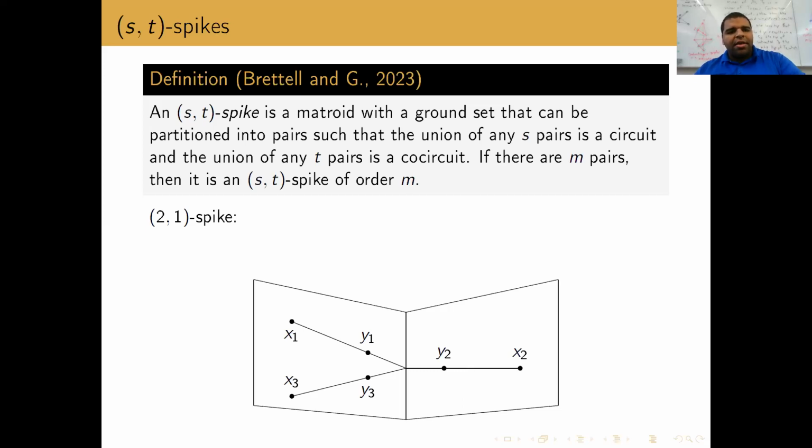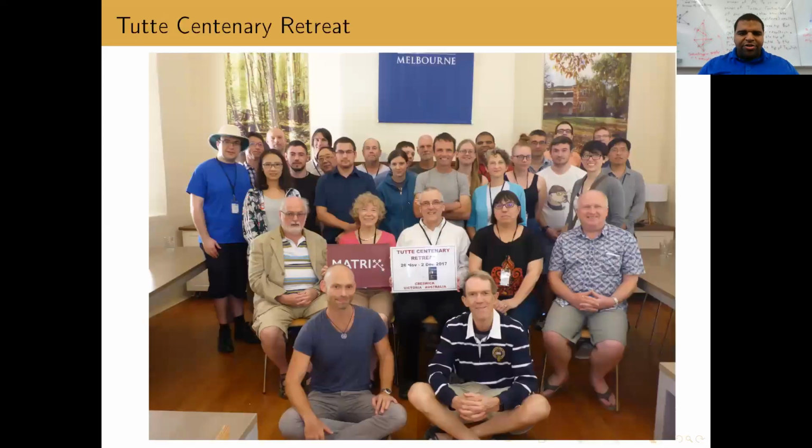They're a generalization of a generalization. So the generalization is where the S and the T are equal. And this was that earlier paper that I mentioned with Nick, myself, Deborah, Rucker Campbell, and Jeff Whittle. That paper came out of a workshop over in the land down under in Australia.